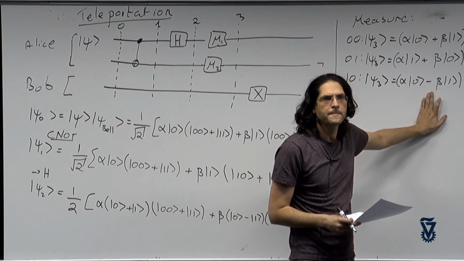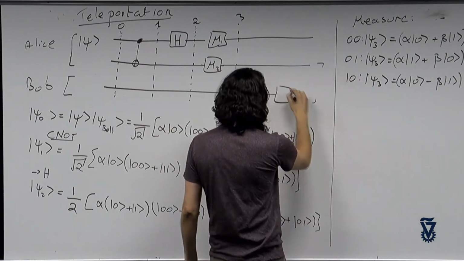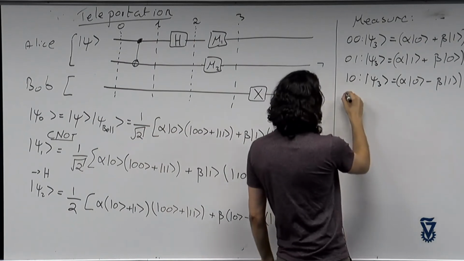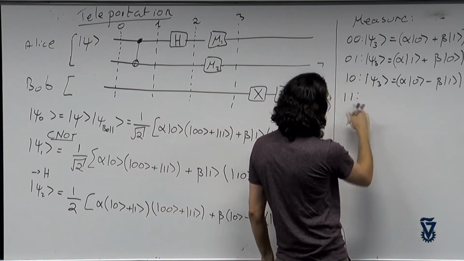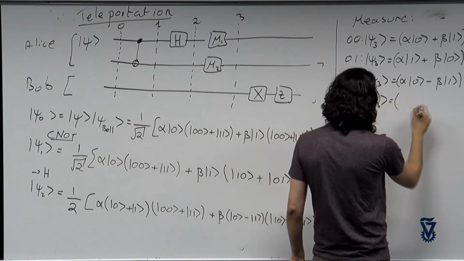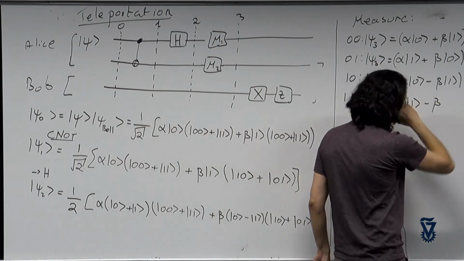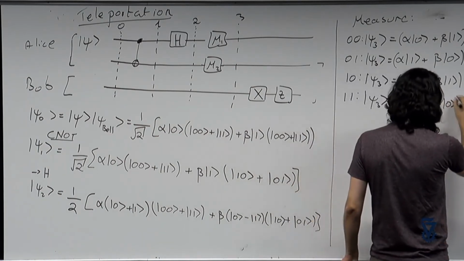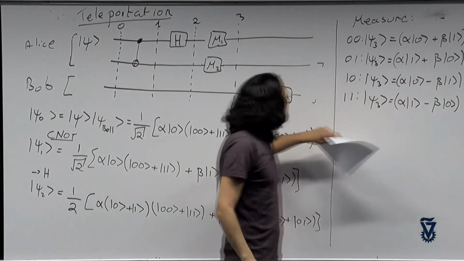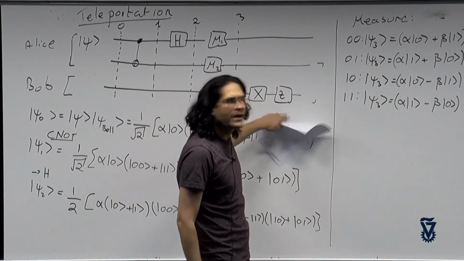Apply Z. A Z operation, right? And if the result is 1, 1, then psi 3 is going to be alpha 1 minus beta 0. And in this case, what Bob needs to do is an x operation followed by a z operation.